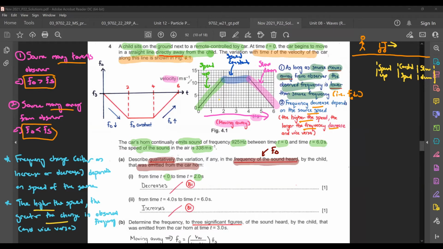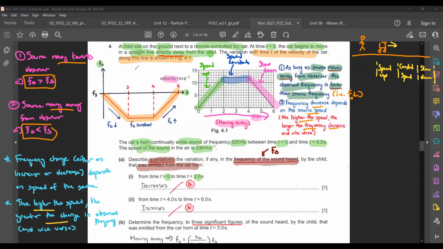Okay, so let's just say you try to visualize what's happening right now in the form of a frequency observed versus time graph, this is what you're going to get. This particular shape here. See, this part here represents you speeding up.